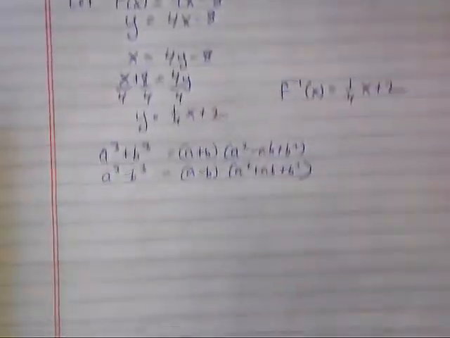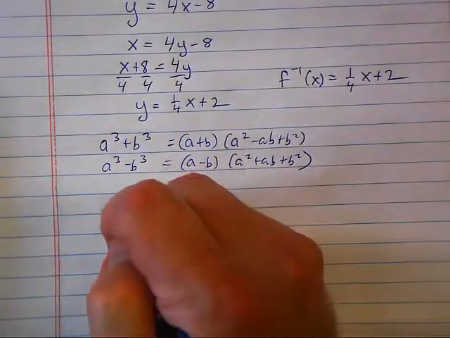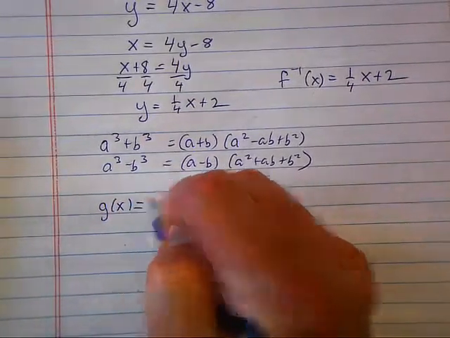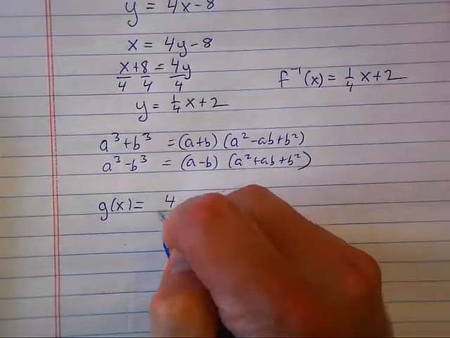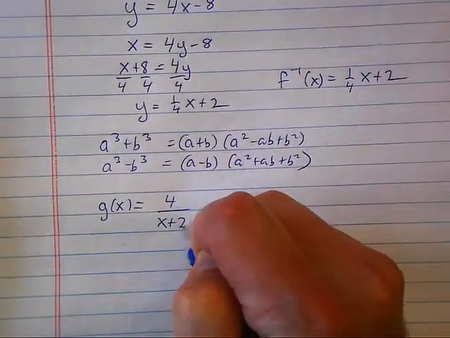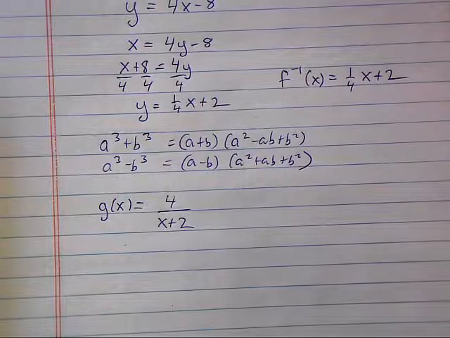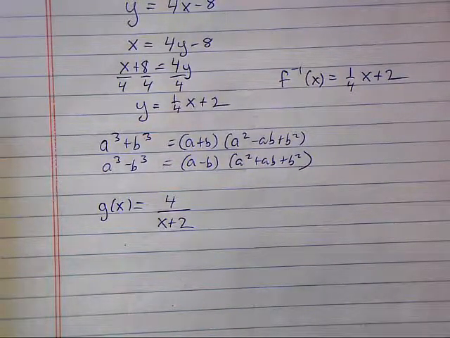All right, back to inverses. G of x equals 4 over x plus 2. Is that a linear function? No, that one's definitely not a linear function, but it is a function.